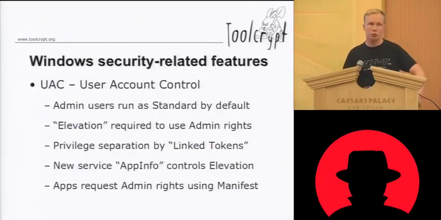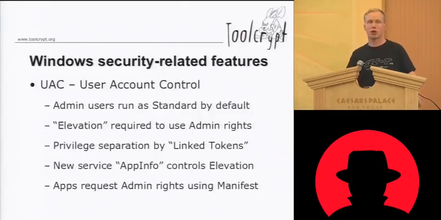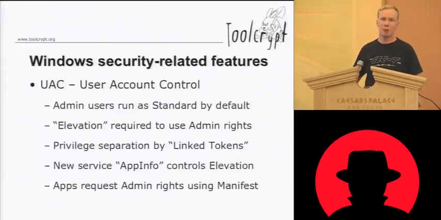Another thing that you're probably all pretty familiar with at this point is User Account Control, which was also introduced in Windows Vista. I'm not going to talk too much about this because it's not really relevant to application security, more than that you need to be aware of it as an application developer. The idea is that admin users before had always basically logged in and had all their privileges, all of their domain admin groups and everything, enabled in their access token.